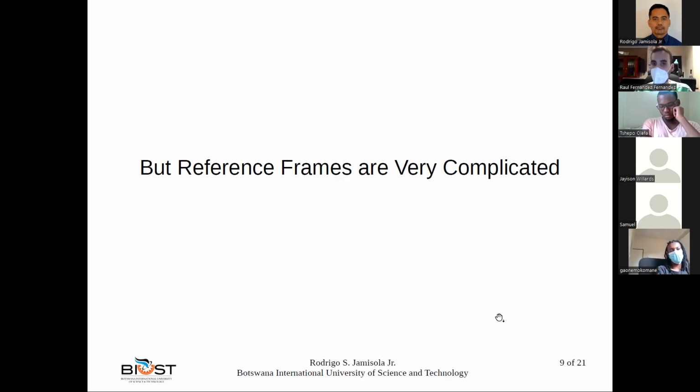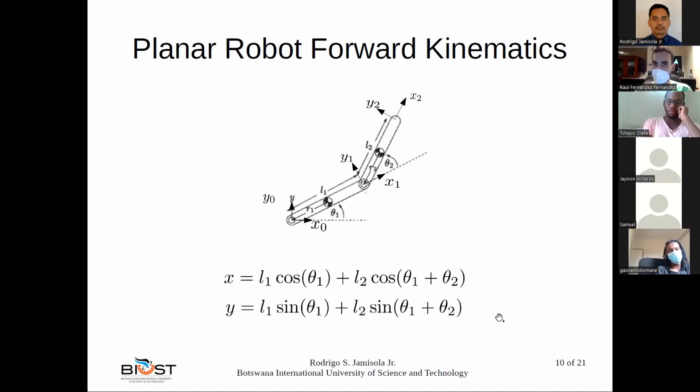We have to take a lot of different things into account, and this is not easy. So now we need to find something that lets us work with this. And this is where forward kinematics enters.